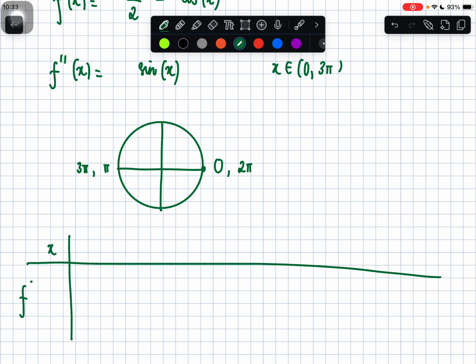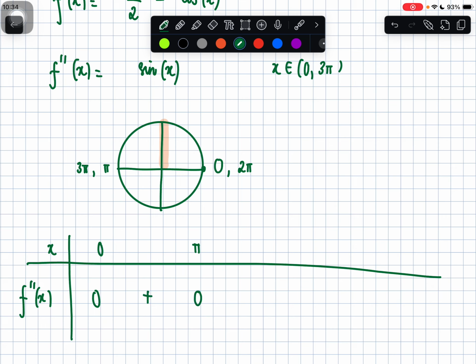X and f double prime of x equal to sine of x. Sine of x when x equals 0 is 0. Sine of x corresponds to this vertical axis here. So when x goes from 0 up until pi, it is positive. So from 0 to pi, it is positive.